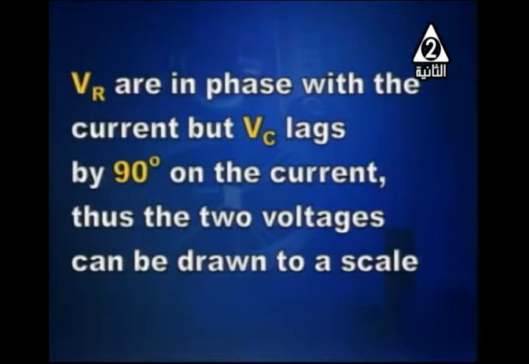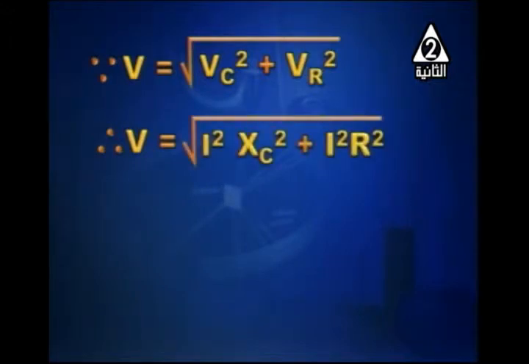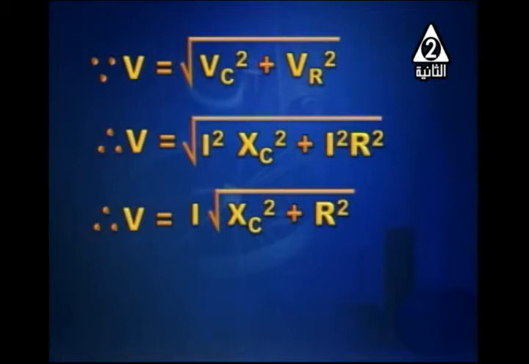Thus, the two voltages can be drawn to scale. V is equal to the square root of VC squared plus VR squared. So V is equal to the square root of I squared XC squared plus I squared R squared. We can say V is equal to I times the square root of XC squared plus R squared.